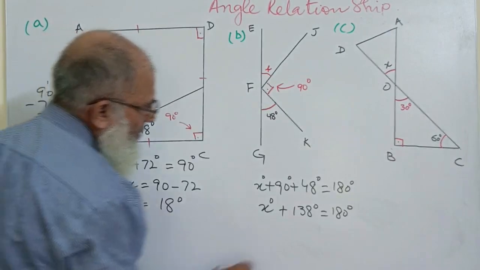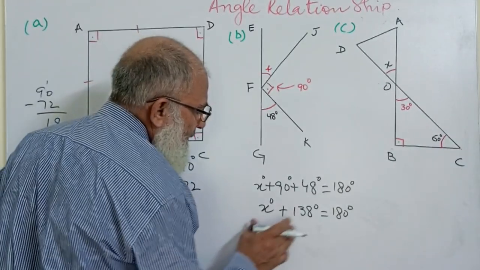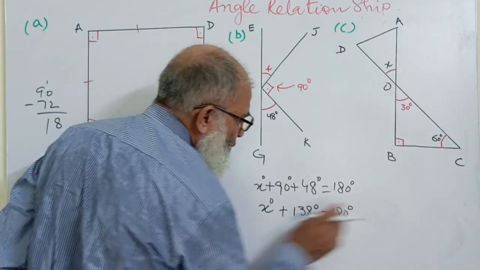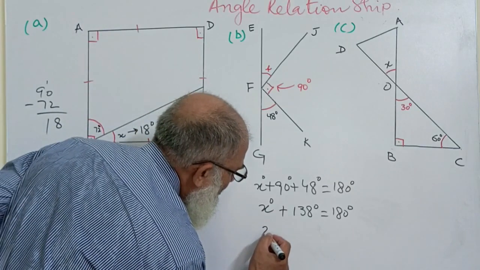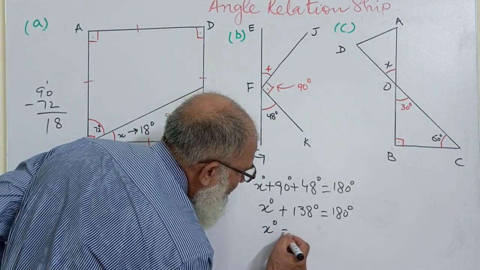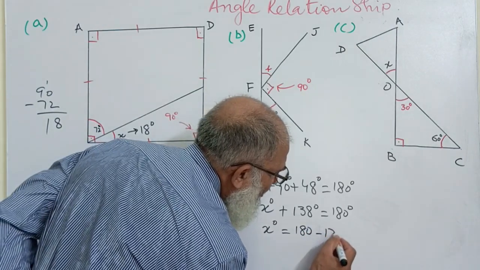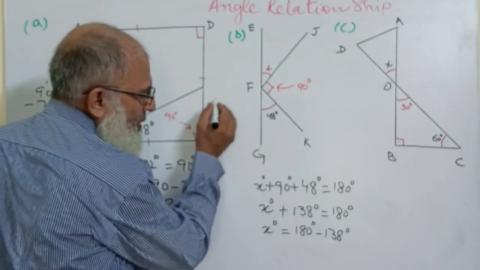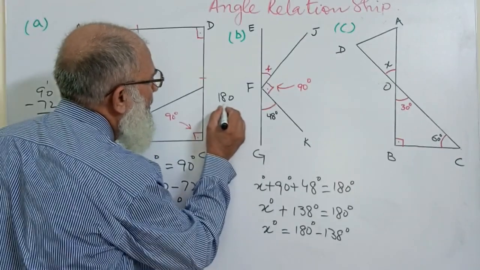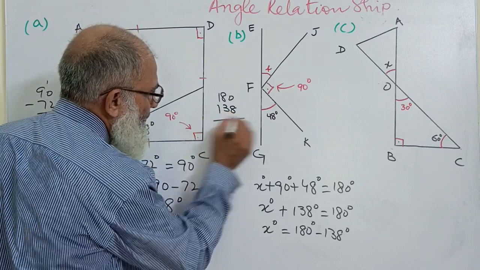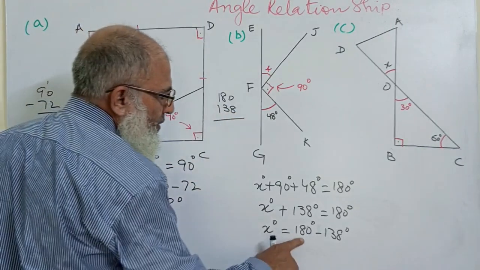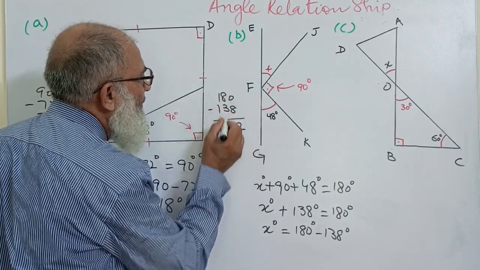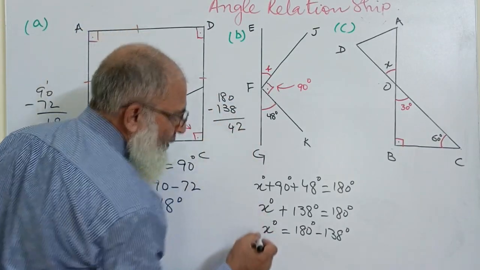Using the same algebraic rule over here, x degrees is equal to 180 minus 138 degrees. 180 minus 138 is equal to 42 degrees.